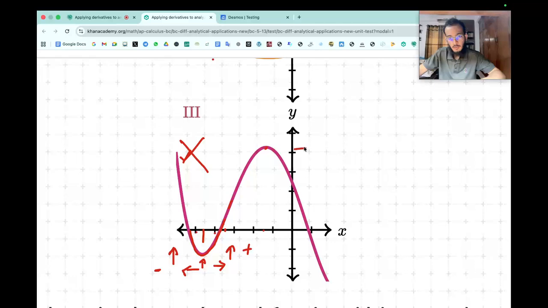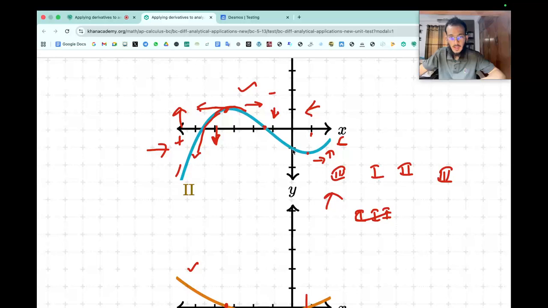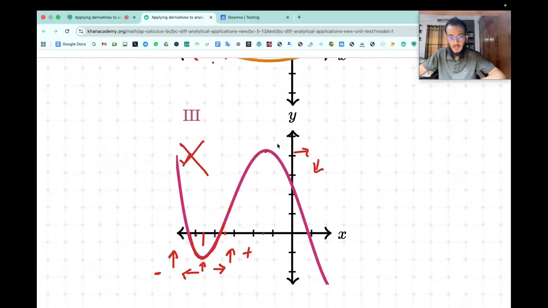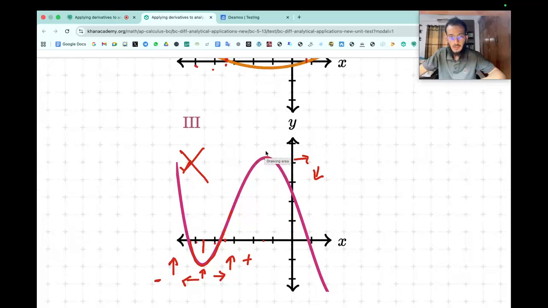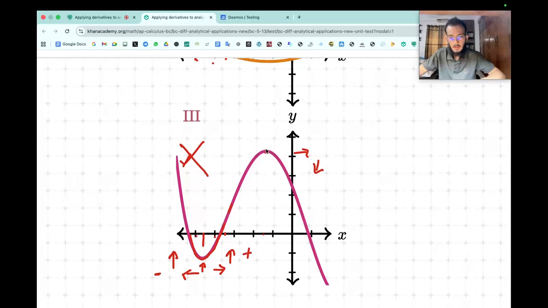And from here, if we move right, it is moving downwards, so it should be negative after this point. So it is indeed negative, and it should be negative throughout. After this 0, the curve doesn't take any more turns.